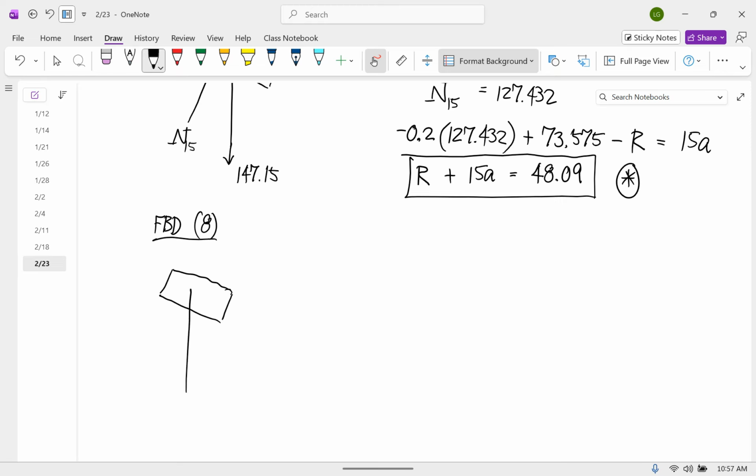So we have 78.48 down. We have a normal force N8, a friction force up the incline of 0.2 N8.